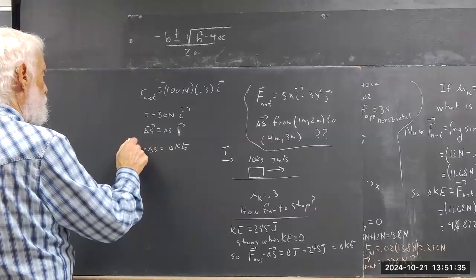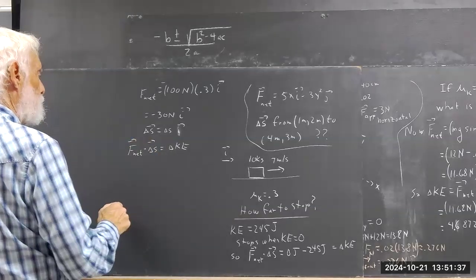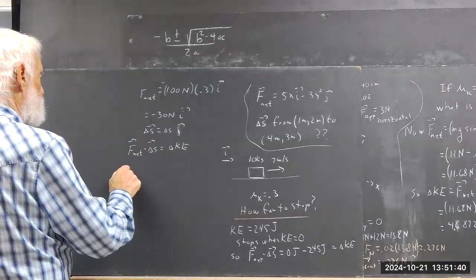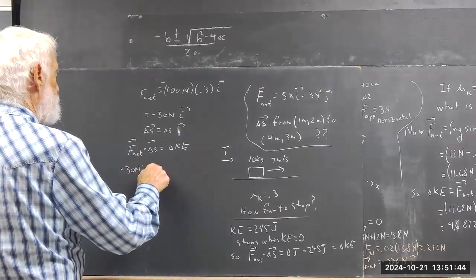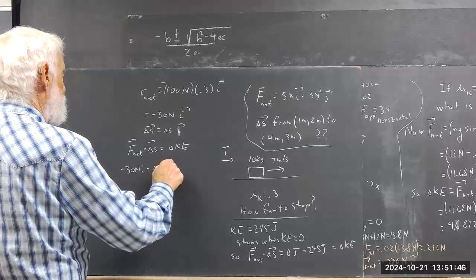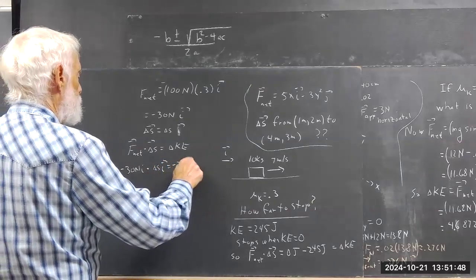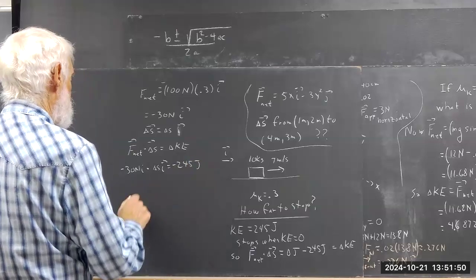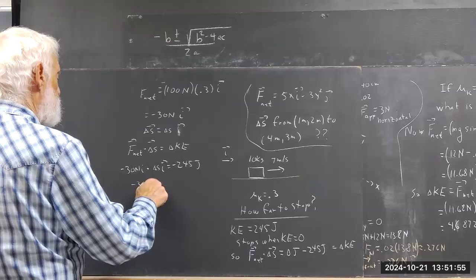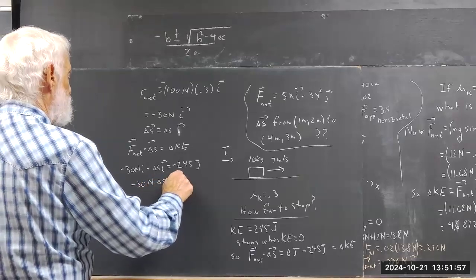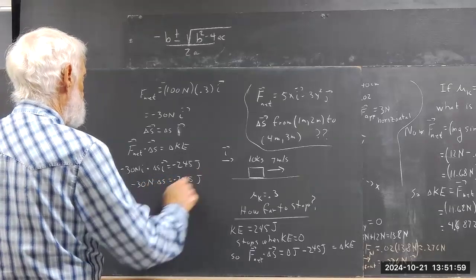So you set this up as F net dot delta S equals change in kinetic energy. That's negative 30 newtons times I dot delta S times I equals negative 245 joules. So this is negative 30 newtons times delta S is negative 245 joules.